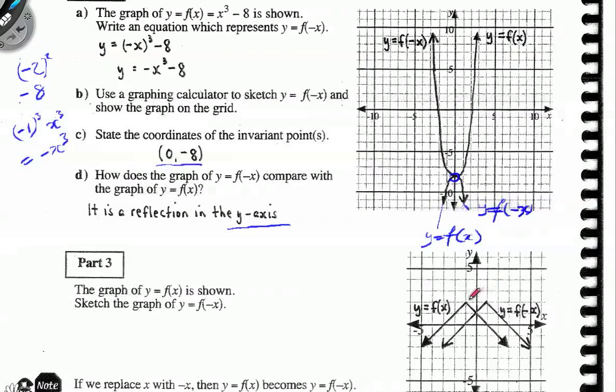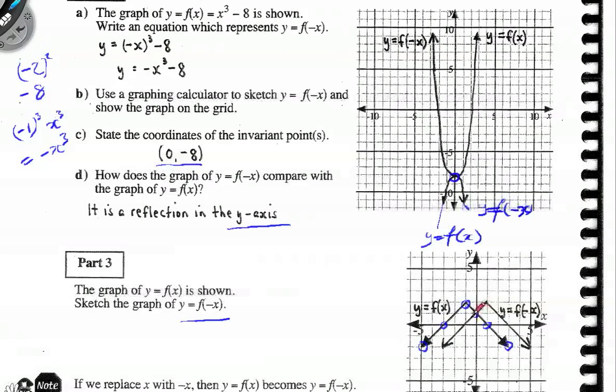So when we come to sketching the graph of y equals f of negative x, if you're given y equals f of x, it's quite straightforward. We're going to reflect points in the y-axis. So here are some points, and we can simply reflect, and of course this one here crosses the y-axis.